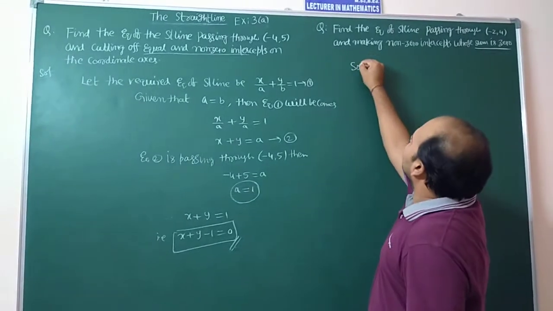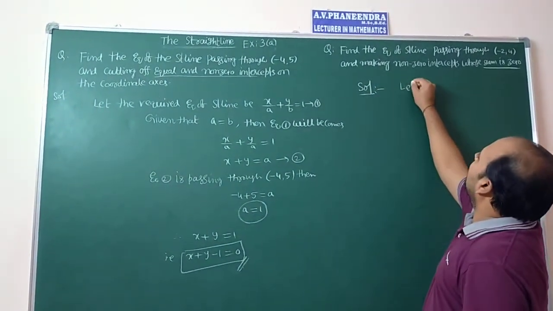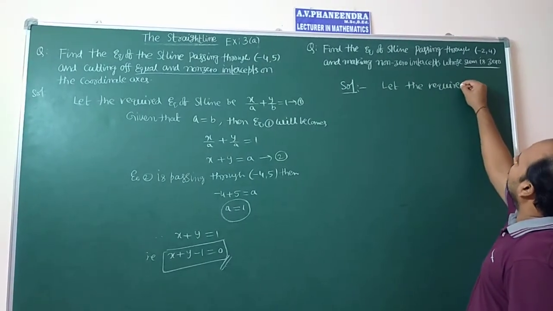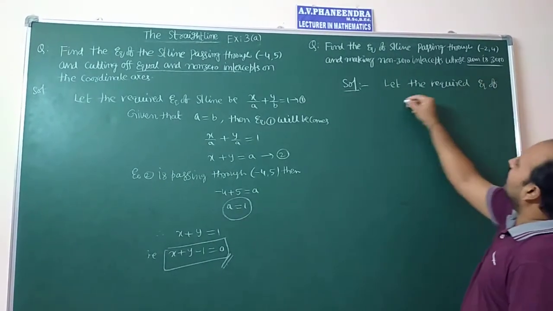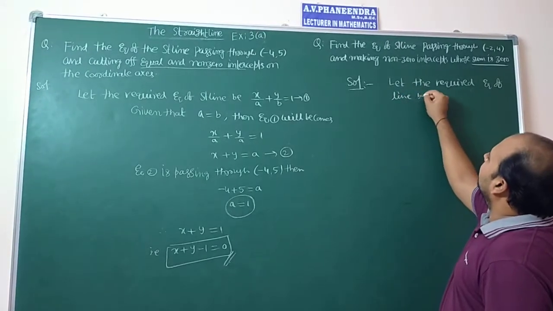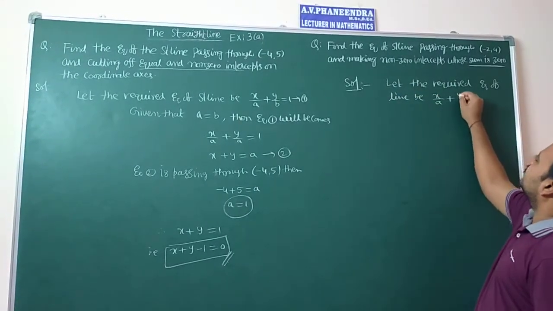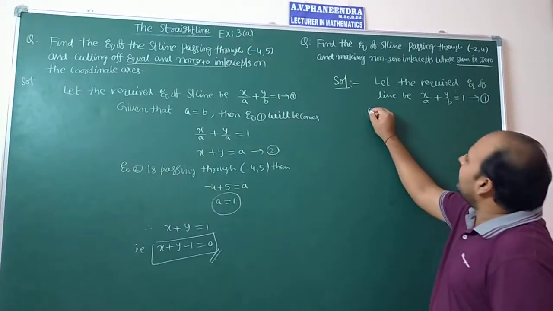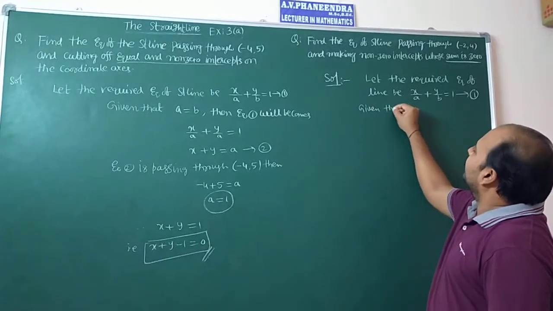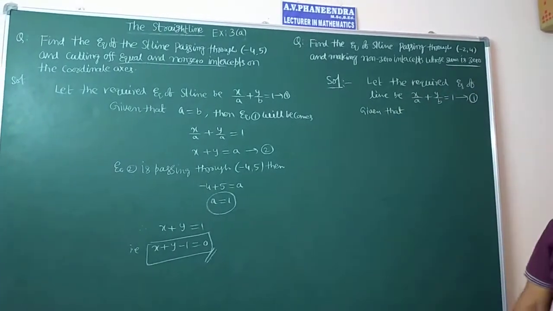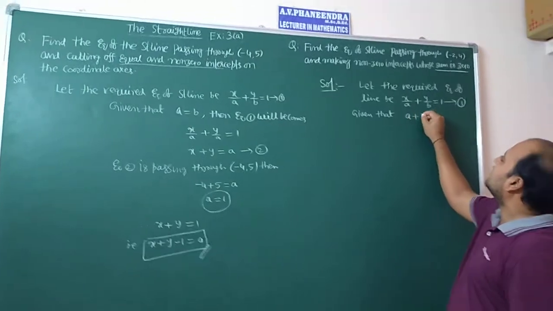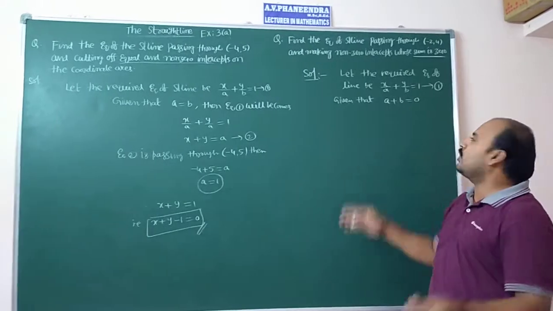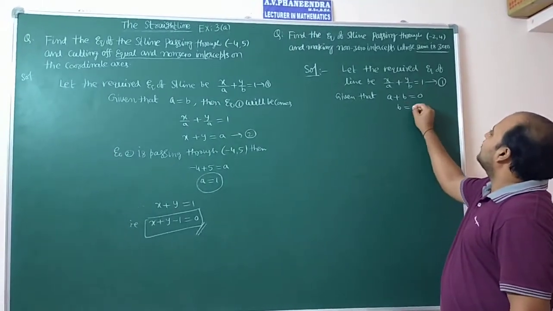Here also, let the required equation of line be x by a plus y by b is equal to 1. Given that the sum of intercepts is equal to 0, that means a plus b is equal to 0. So a is equal to minus b, or b equal to minus a. It is better to write b in terms of a. So b is equal to minus a.